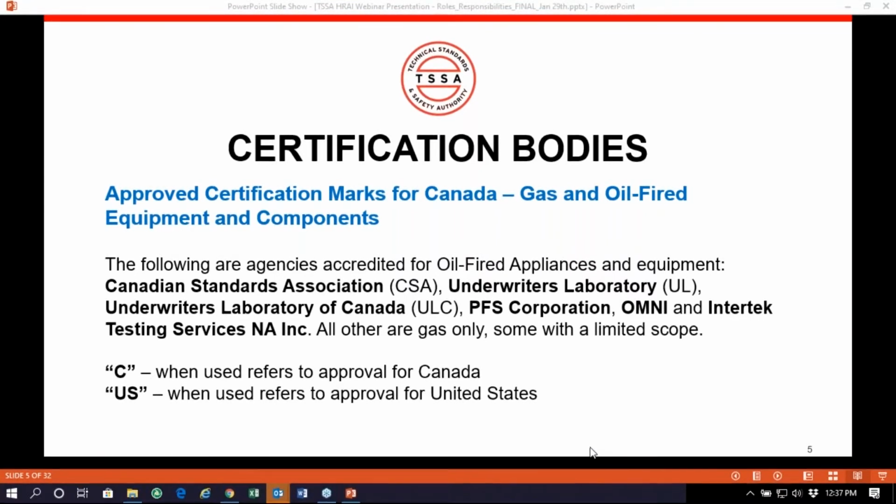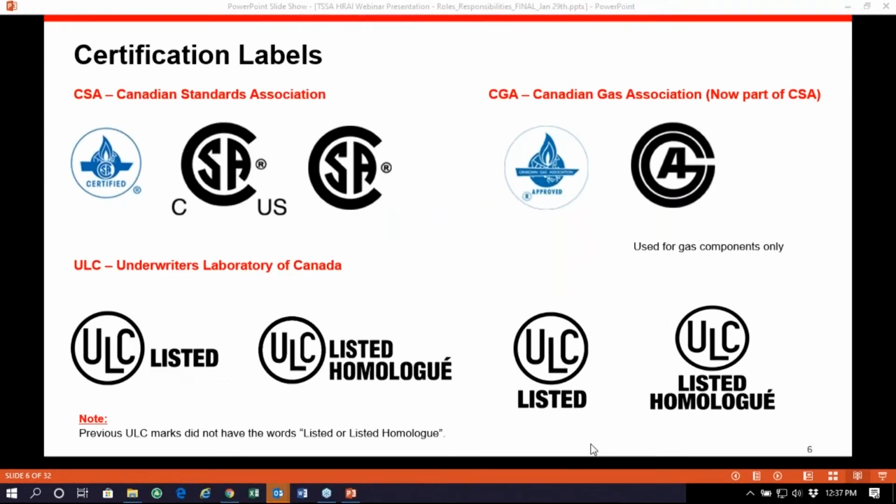So these next few slides I'll show you are a number of the various symbols that you will come across in your travels. There's the CSA ones with the various symbols they use. The CGA, the Canadian Gas Association ones that you may still run into from time to time, but those are now part of CSA Group, and so those would be on older equipment or gas components.